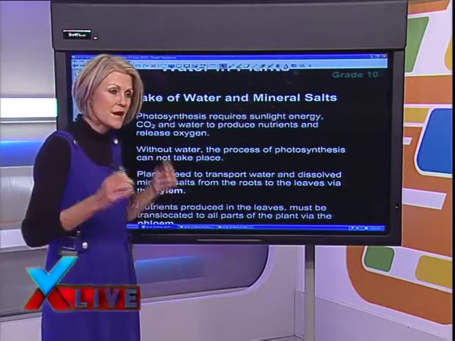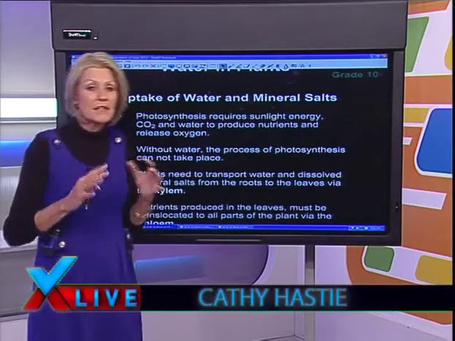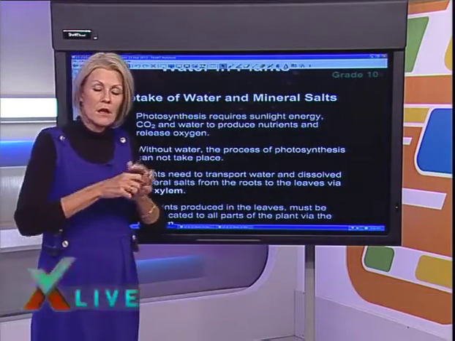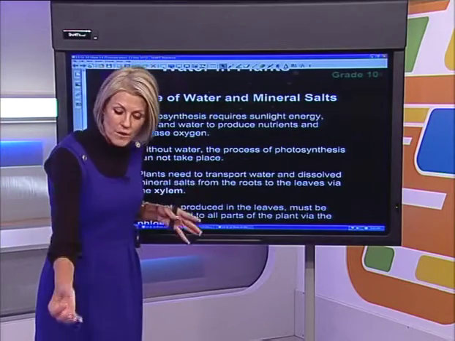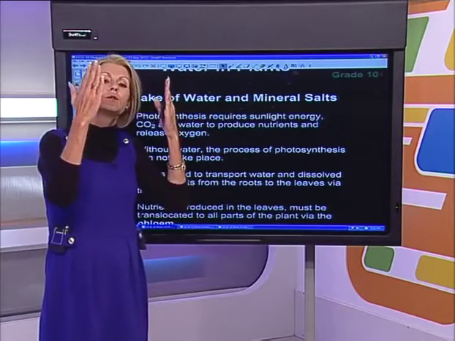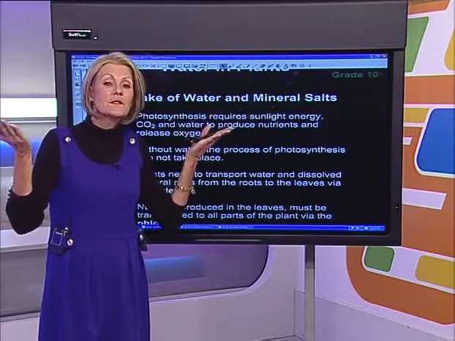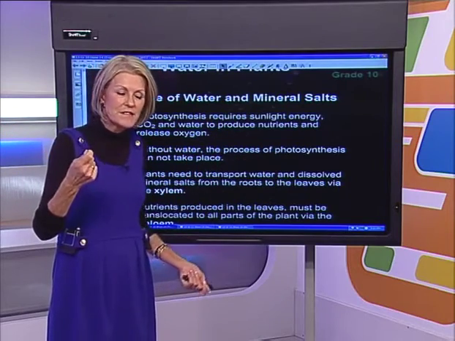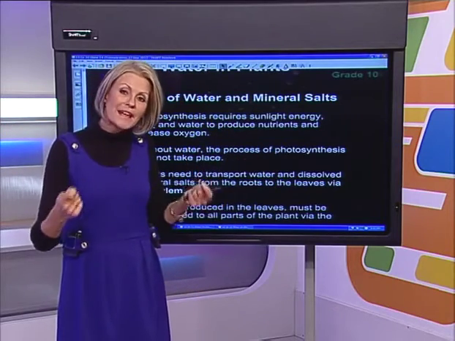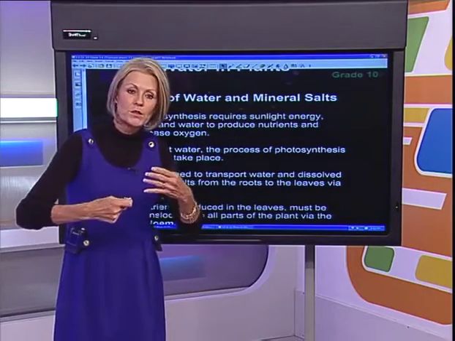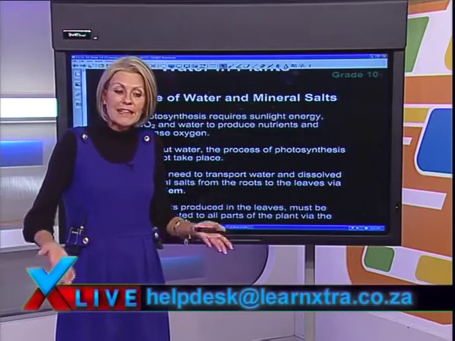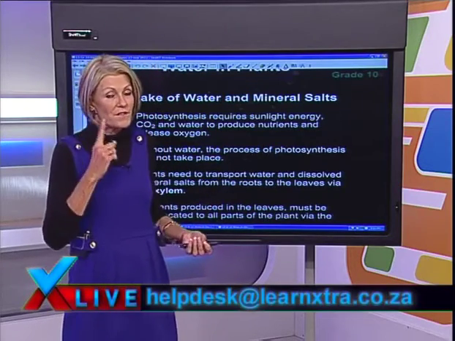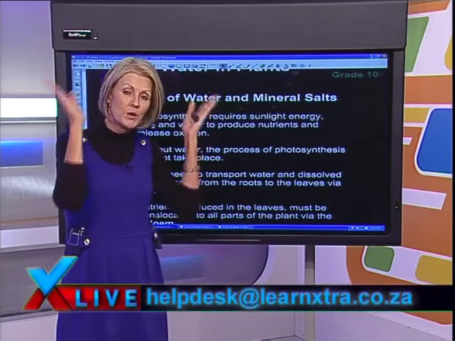Okay, this is so that you know what is going on and so that we can actually check things all the time. Now, why would a plant need water? Think about it. It needs to get this water from the soil into the leaves. And that's the place, you can think of the leaves as the kitchen. And in that kitchen, it makes the food for the plant. So it needs to get the water, which is one of the main ingredients, to the leaves.